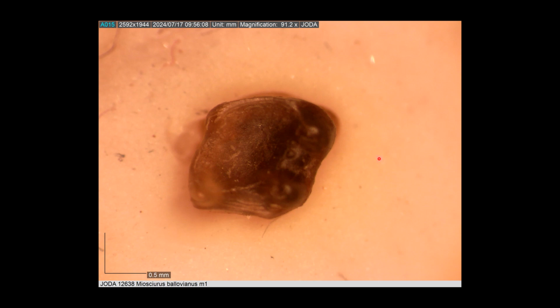This here is a lower M1 of a Meniscomys, and it is a fossil specimen that we got from the John Day area. I believe this is specimen 12638, and this is the lower M1.